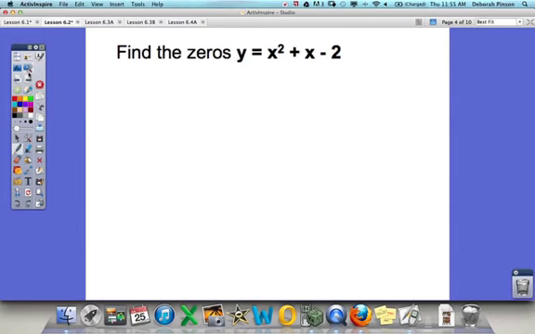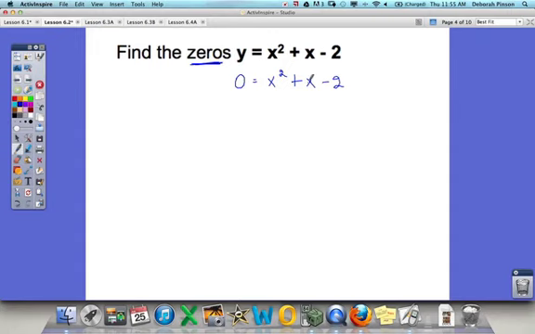So when we're solving this, finding the zeros, that means we're looking for where it crosses the x-axis. Now basically, if we're talking about where it crosses the x-axis, that's where your y value is 0. So even if it's written with a y, if you're finding the zeros, that's when your y equals 0.